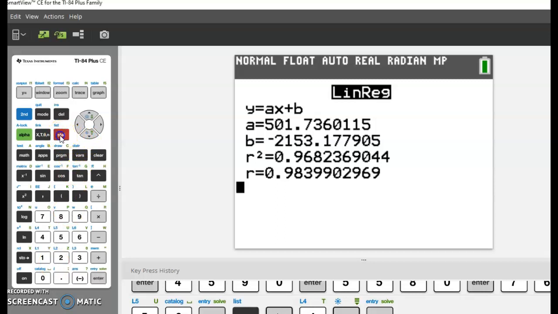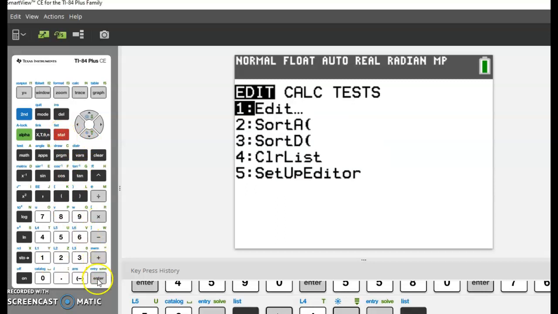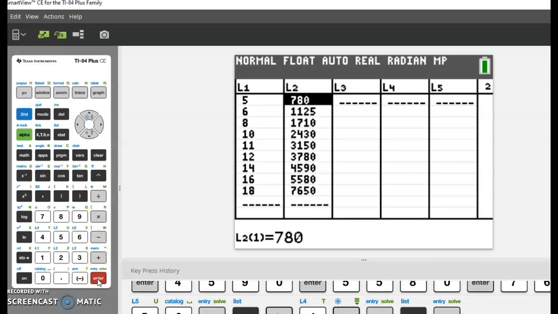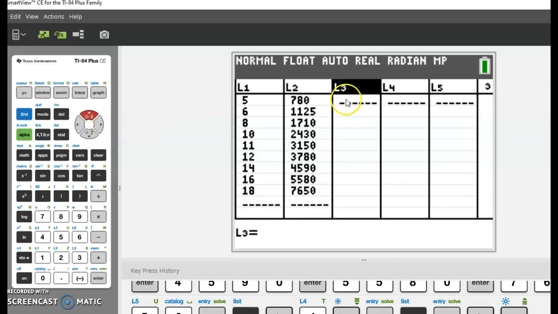We go to Stat and Edit, to the top of L3, where I'm going to put in my equation for my line of best fit. The L3 column will be all of my predicted values. Then in L4, I'm going to find my residuals by taking my actual minus my predicted.